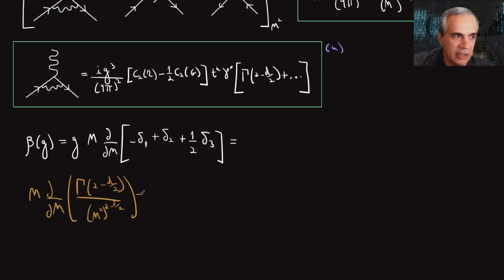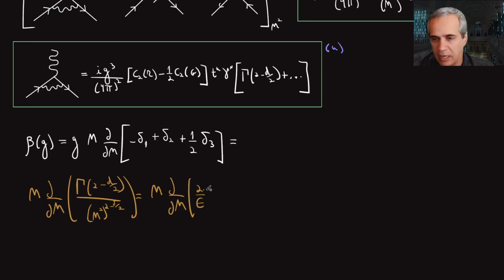Near 4 dimensions, this is just 2 over epsilon plus the log of 1 over m squared plus a bunch of other stuff that do not depend on m squared. Even 2 over epsilon does not depend on m squared. So both of these go away, right? The derivative only acts on this guy.